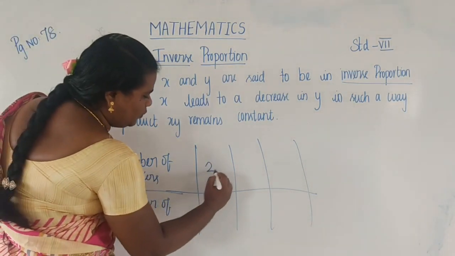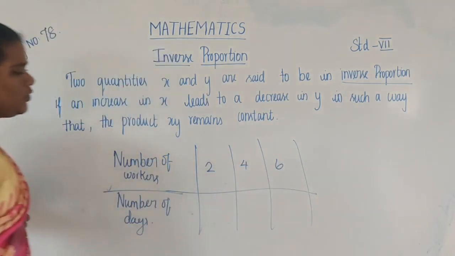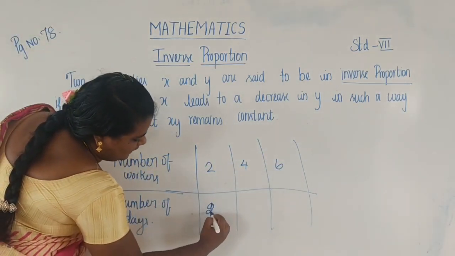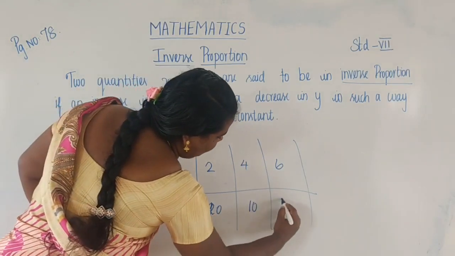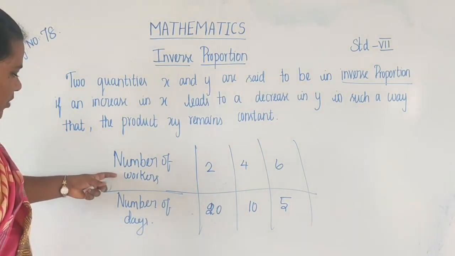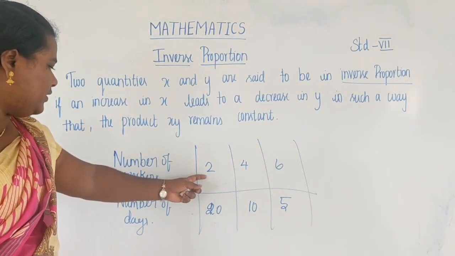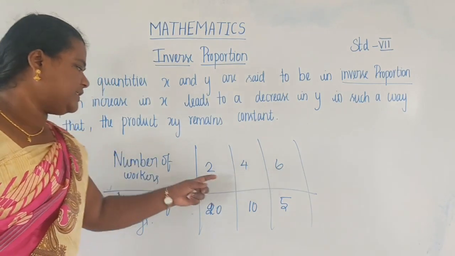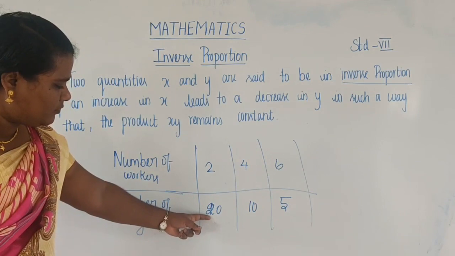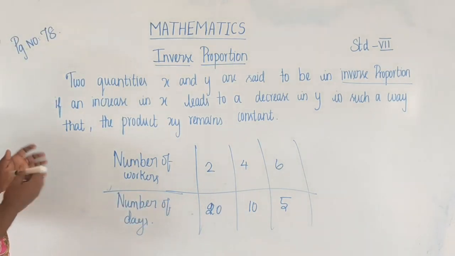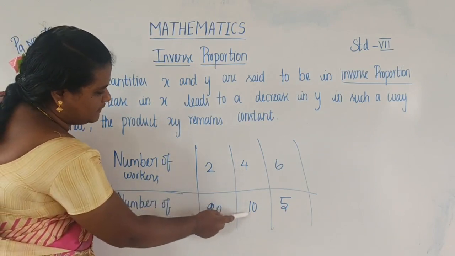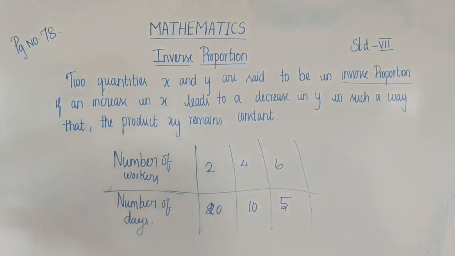Number of workers 2, 4, 6 increasing; number of days 20, 10, 5. This table says that 2 workers take 20 days, 4 workers take 10 days, 6 workers take 5 days.